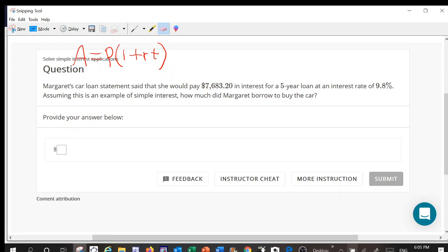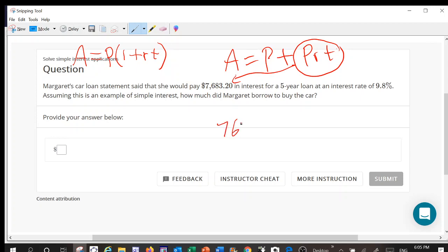So the interest, which is just the PRT part of this, so basically what we have here is A equals the principal amount plus PRT. Now, how much Margaret borrowed we have to find by setting this equal to that, right? Because that's how much that is.